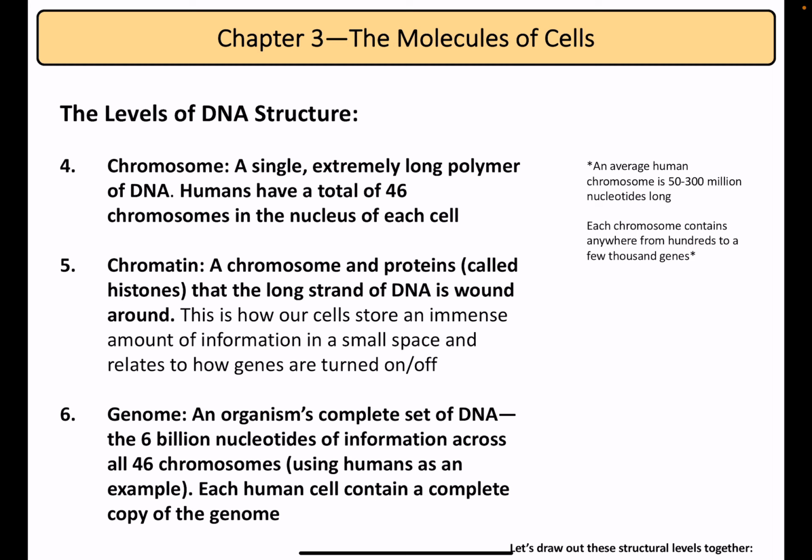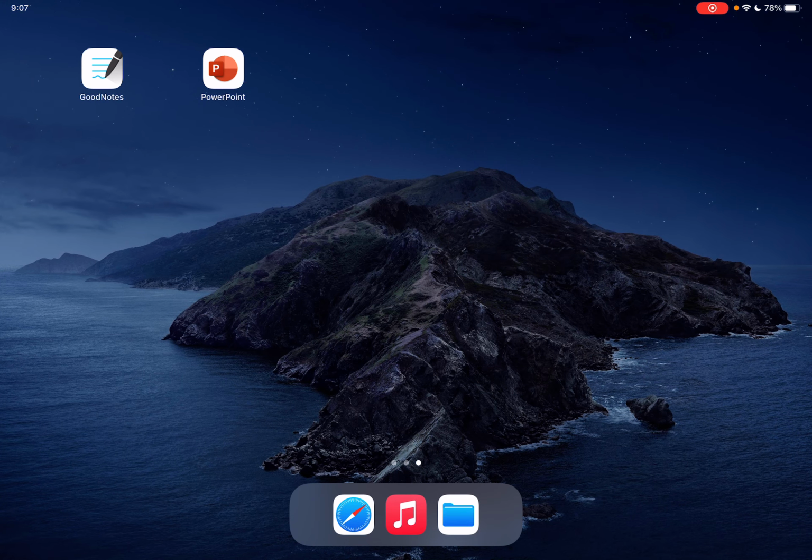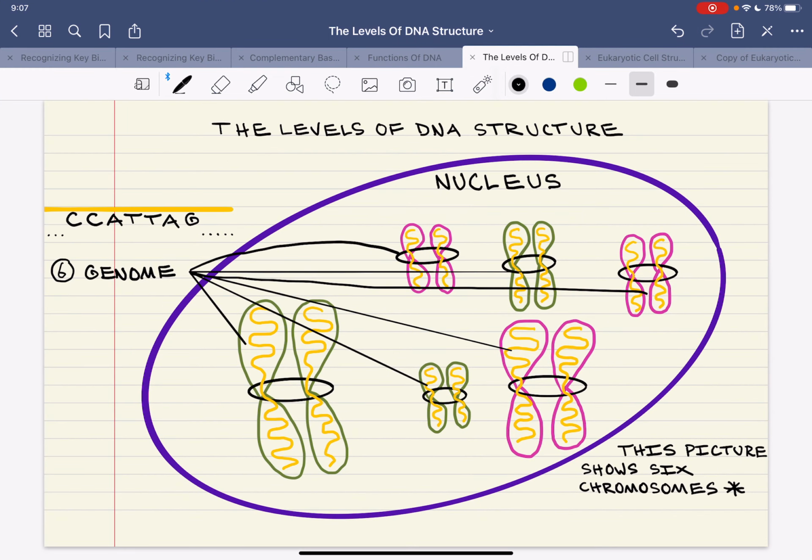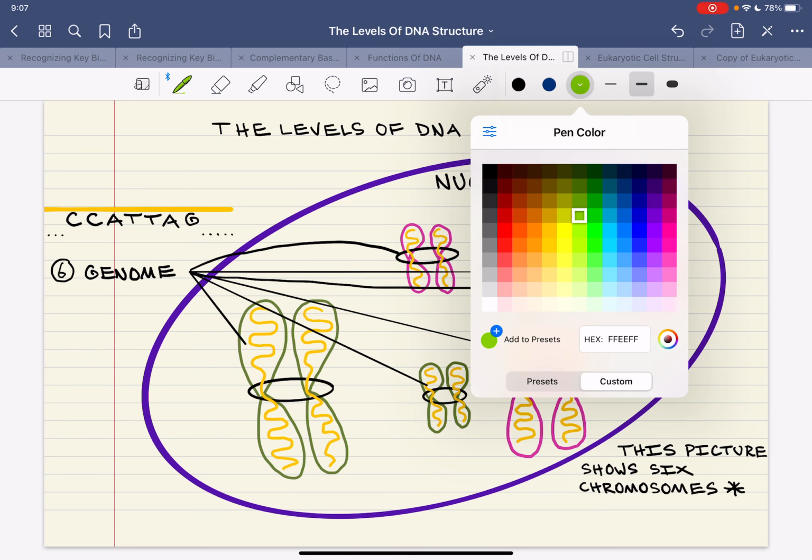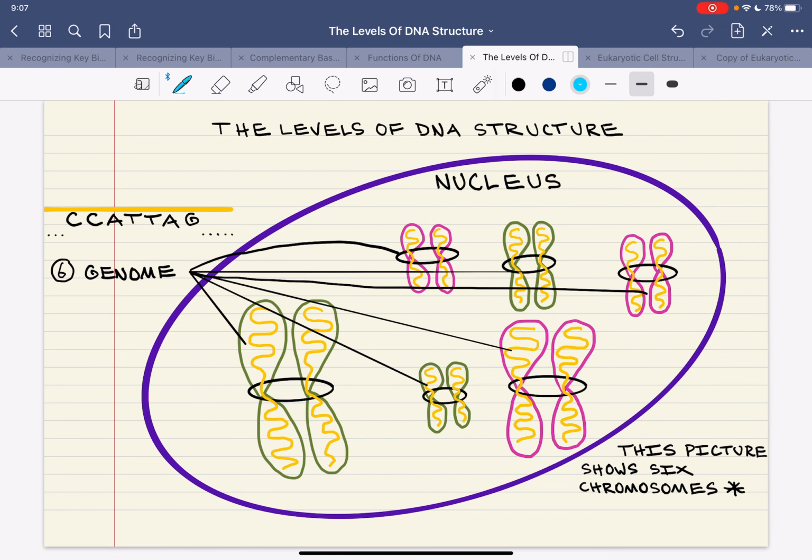Next, getting a little bit smaller. If you look at a chromosome, or any part of DNA, you'll notice that the DNA itself is coiled and wound upon tiny little spherical proteins.